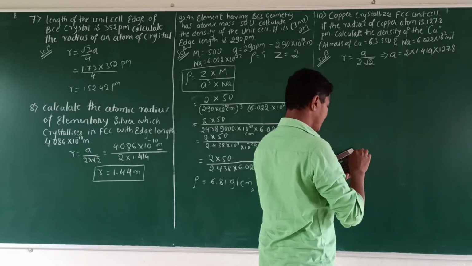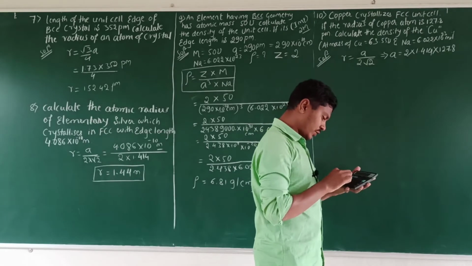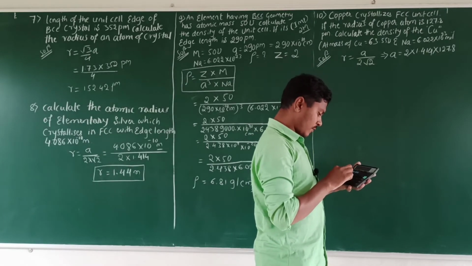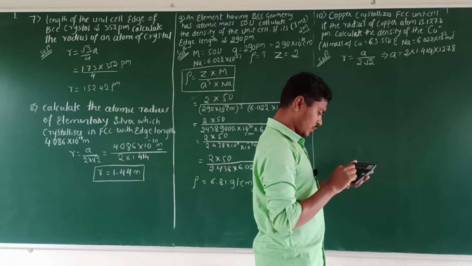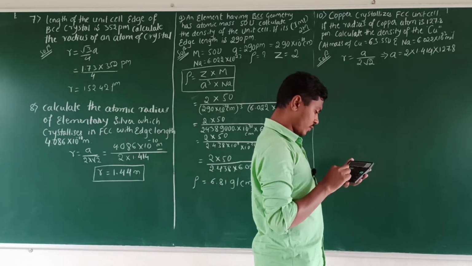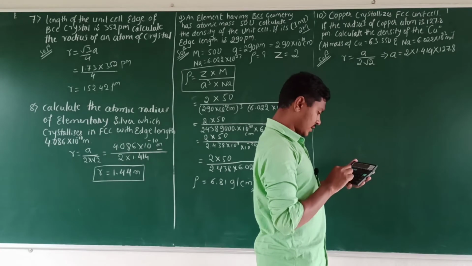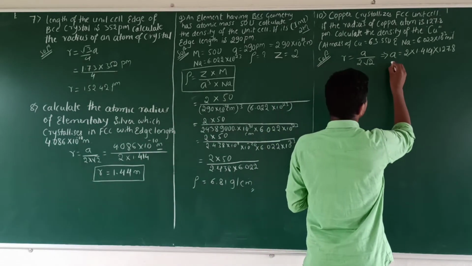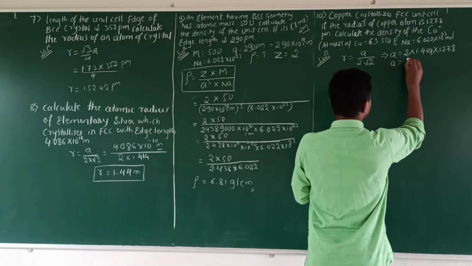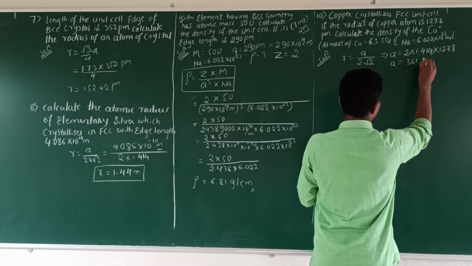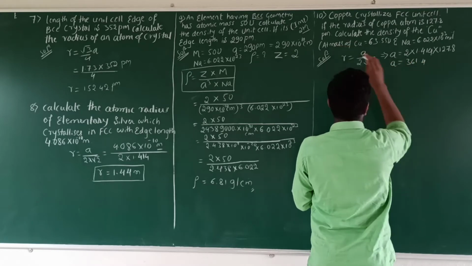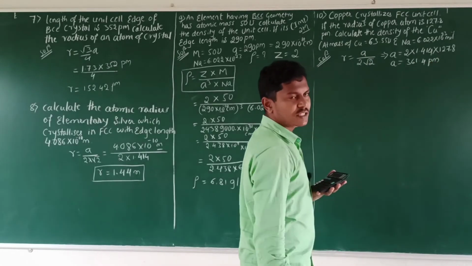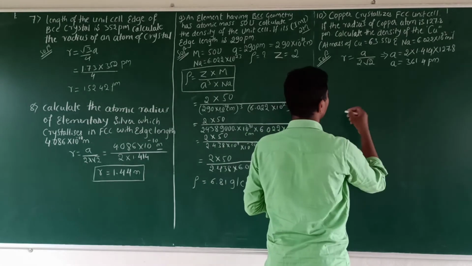Then we are getting the value 2 into 1.414 into 127.8 is equal to how much? Edge length is equal to 361.4 picometer. What is it? Picometer. They given the edge length in picometer.